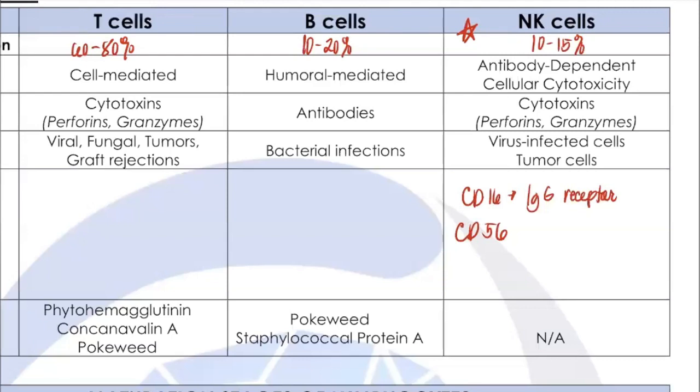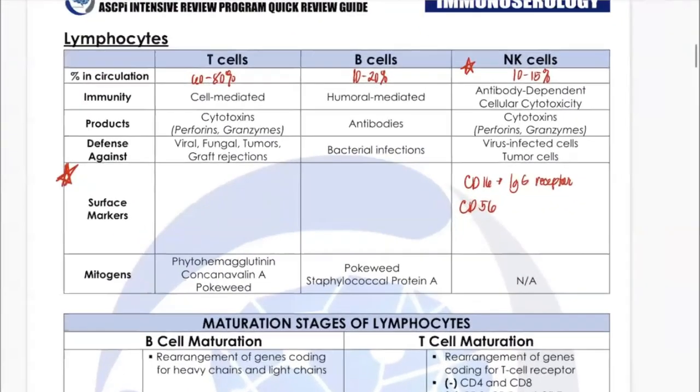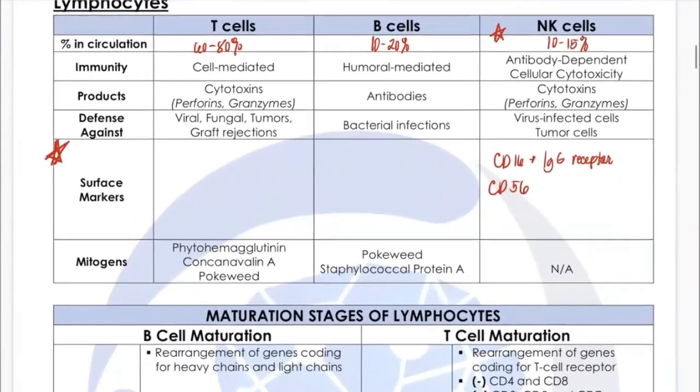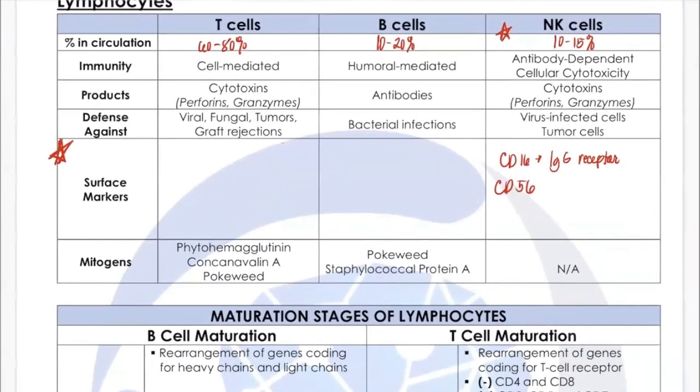So syempre, the answer is natural killer cell. Kasi wala naman talaga siyang CD2, wala siyang CD3, wala siyang CD19, wala siyang CD20. Okay? So, may mga easy din na questions paminsan-minsan. Pero pag in-apply na yan nila sa flow cytometry, ay, ayun na. Yun na yung medyo mahirap.